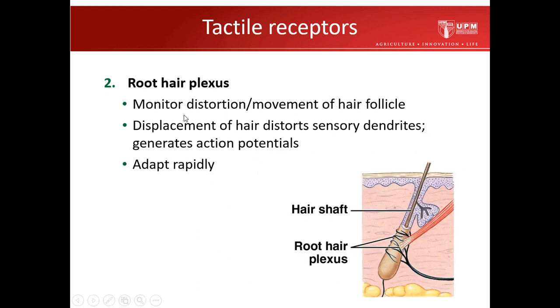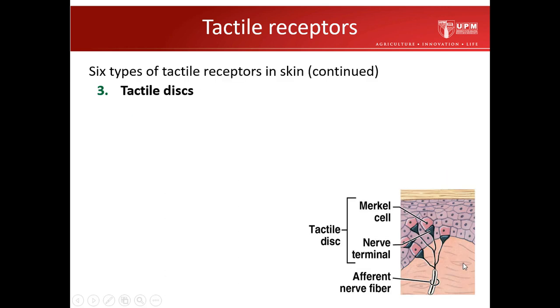The root hair plexus monitors distortions and movements of the hair follicle. When a hair is displaced, the movement of the follicle distorts the sensory dendrites and produces action potentials. These receptors adapt very rapidly, so they are best at detecting initial contact and subsequent movement.